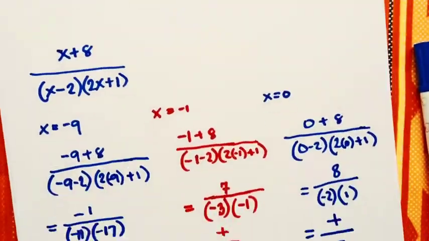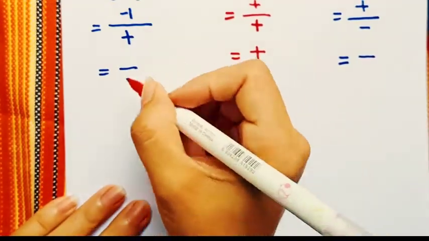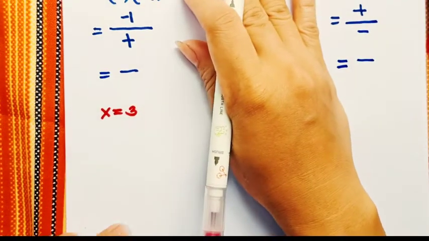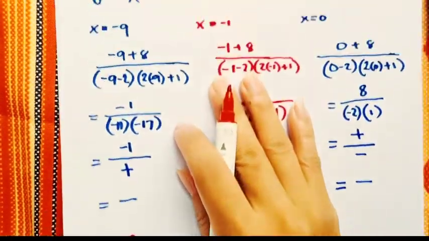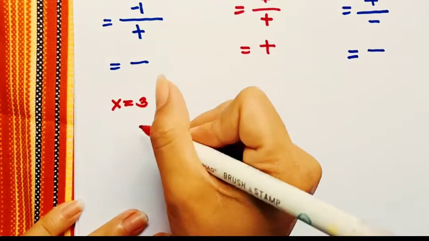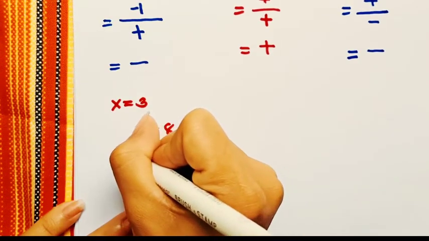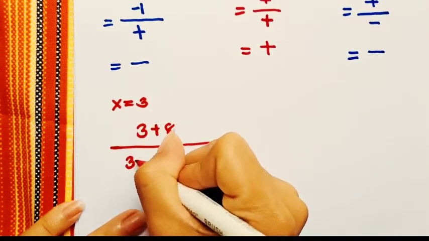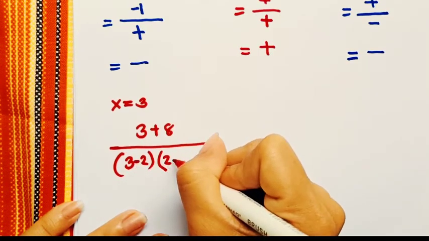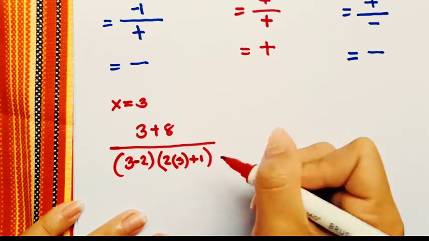Next, final, kanin 3 na sad. So, kapag si x is equal to 3, i-substitute na po nato siya dito sa ato ang rational expression na simplified. So, we will have 3 plus 8 all over 3 minus 2 times 2 times 3 plus 1.